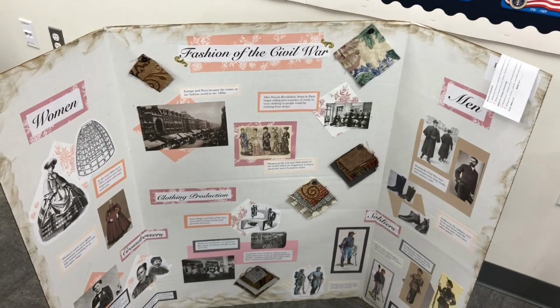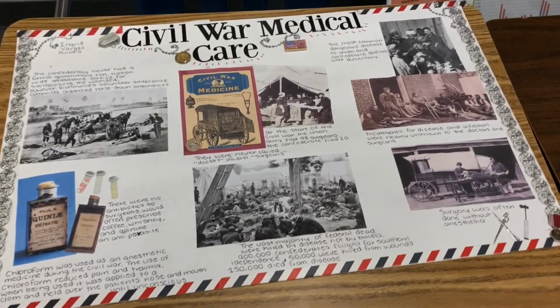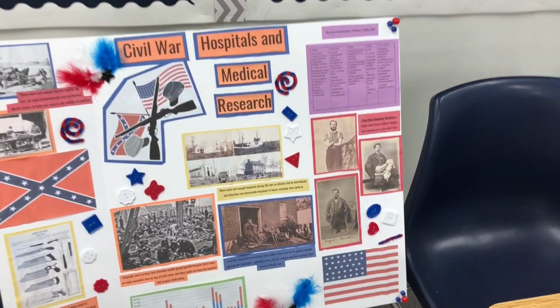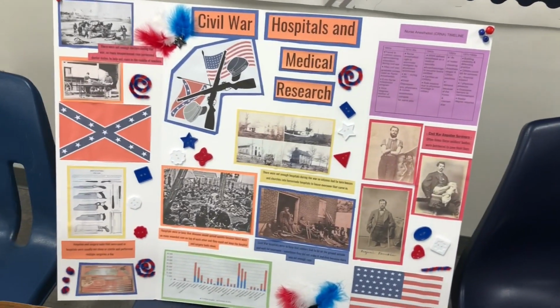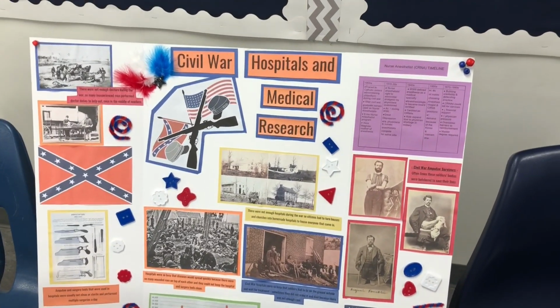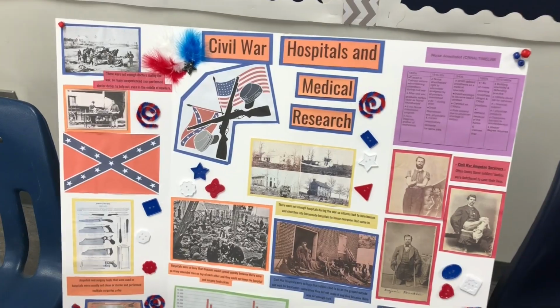The first is, in my opinion, one of the easier ones to do. It is making a poster. You can kind of see some of the former students and what they've done. Notice that they're not just making an easy poster. They're making it very nice.